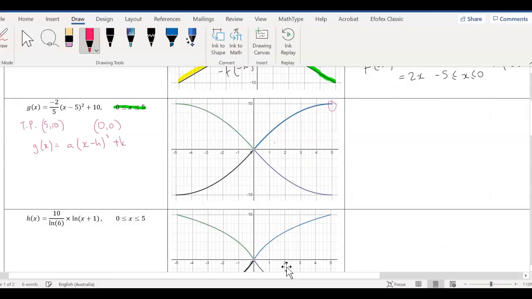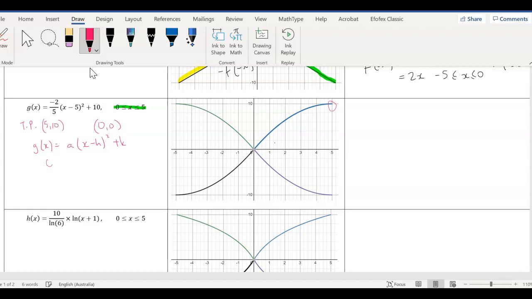All right, so getting the value of a, you just need to substitute a point in the line. Now don't substitute in 5, 10 because it's already in there. We're going to substitute in the point 0, 0.